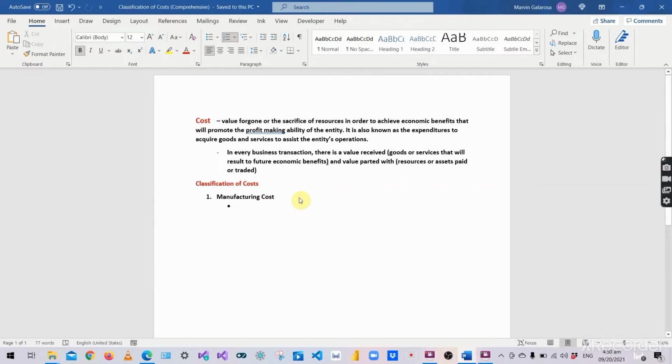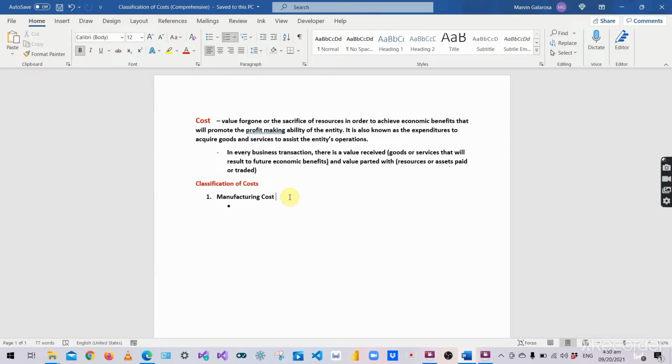So, what are the classification of costs? First one, manufacturing costs. So, nabanggit ko na sa inyo nung una na sa management accounting, ina-assume nyo na nakapag-cost accounting na kayo. Pero since hindi pa kayo nakakapag-cost accounting, sa discussion ng manufacturing costs, mag-insert ako ng mga cost accounting concepts and procedures.